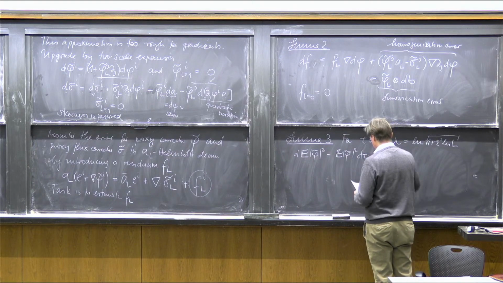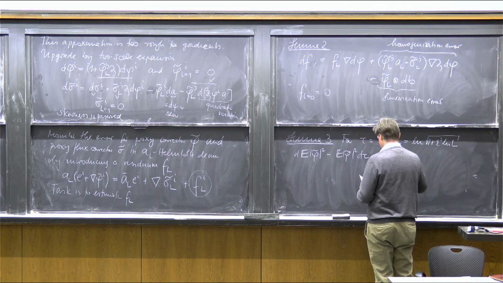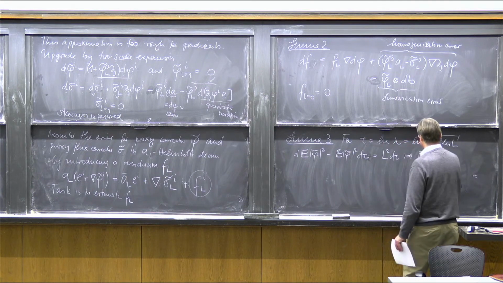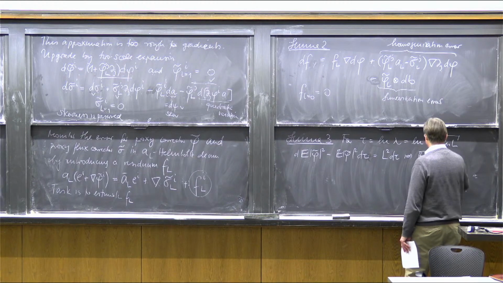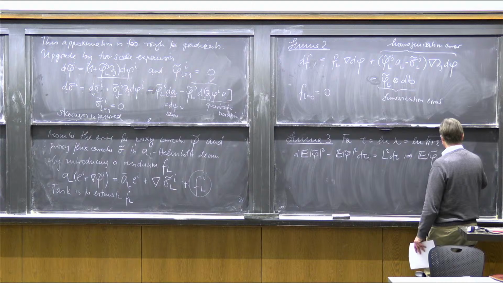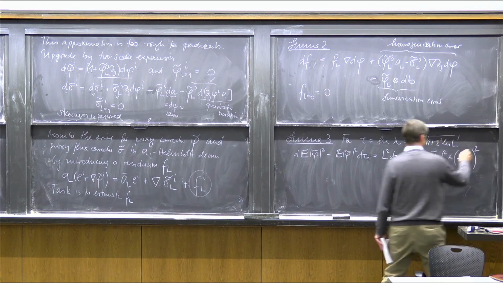And this is equal to L square d tau, from which we get the estimate that this second order corrector is estimated by epsilon L divided by lambda L squared.